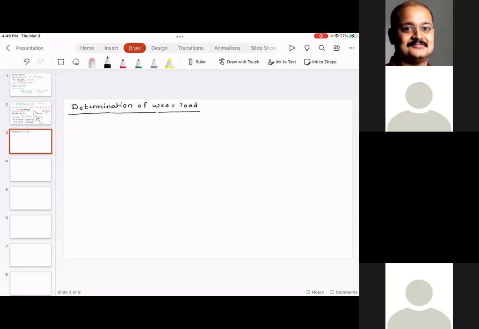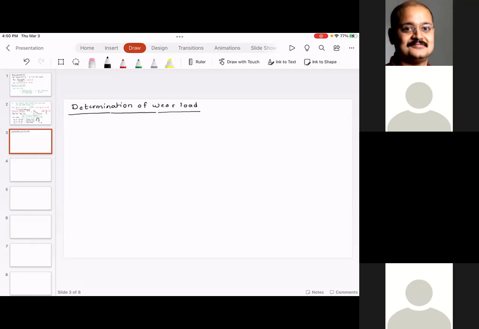There are very high contact stresses, and these high localized contact stresses can cause pitting or microscopic material removal. So we want to make sure that even though the Hertzian contact stresses are very high, the gear is able to sustain them.